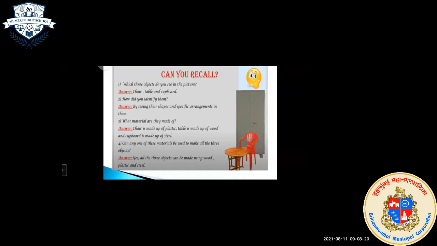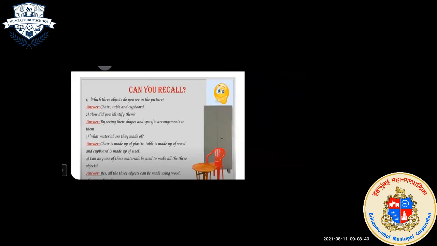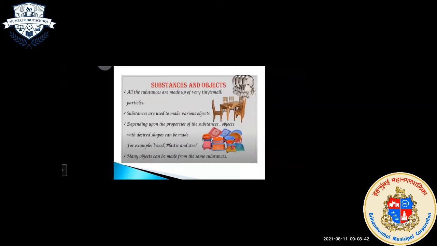So these are the materials: wood, plastic and iron. And the objects made from them, that is the things made from them, are cupboard, chair, and table. Now see, this is substances and objects.